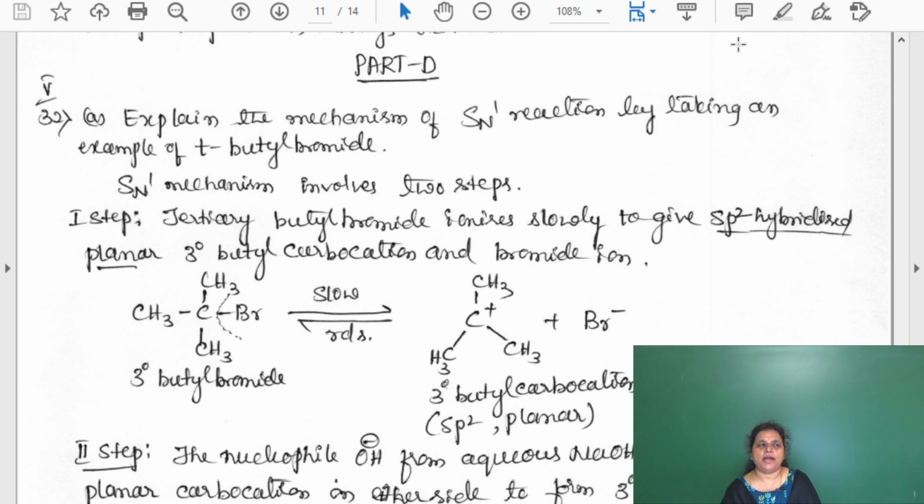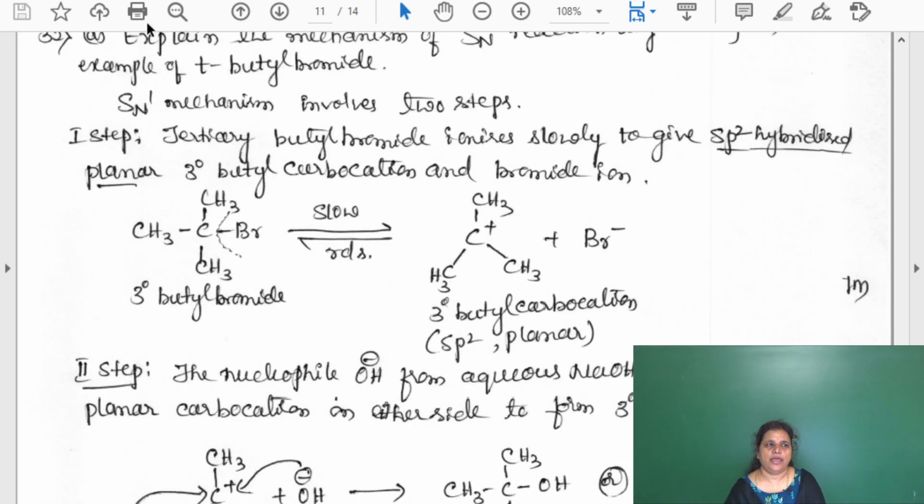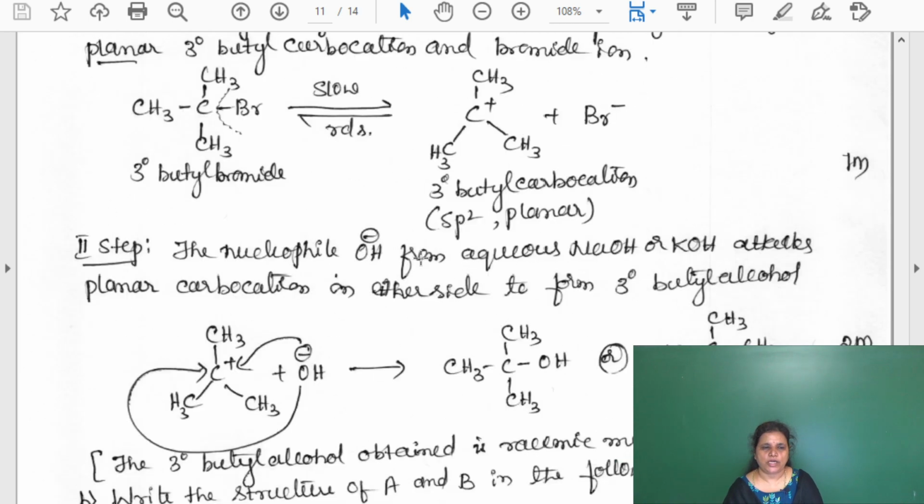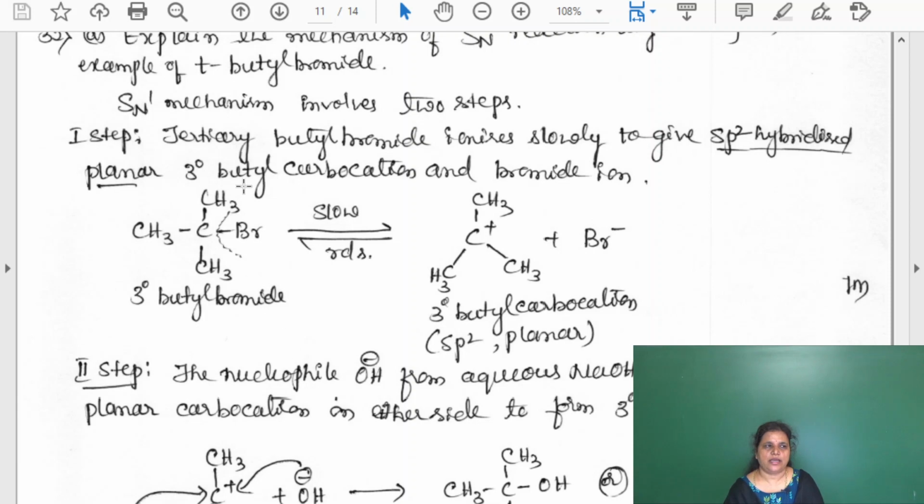Move on to part D here. Explain the mechanism of SN1 reaction by taking tertiary butyl bromide as an example. Here you need to write the equation exactly as it is given with the conditions. Slow, RDS, and this reaction is fast. See here, the mechanism involves 2 steps.